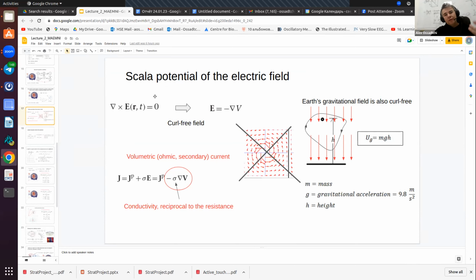Well, if the field is curl-free, then this field can be described, again, from the very beginning of the lecture, by a gradient of some function V. And this function V is nothing else but the electrical potential.